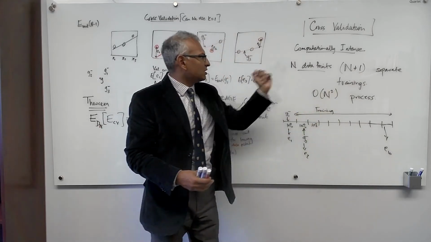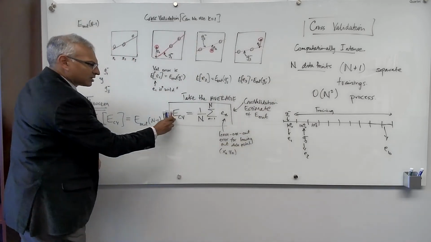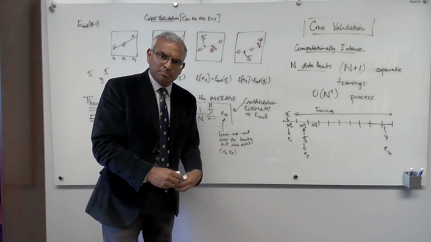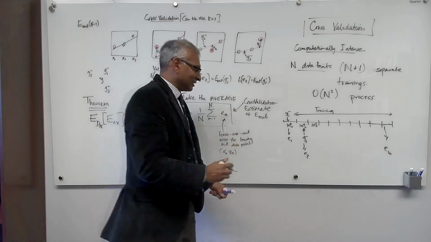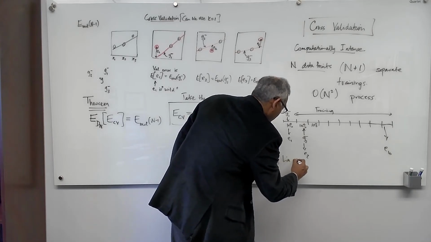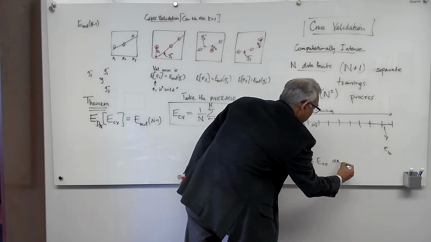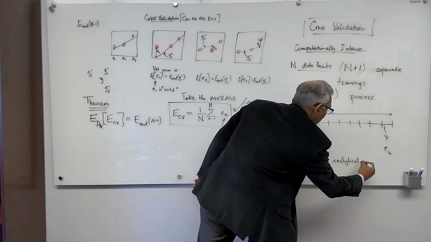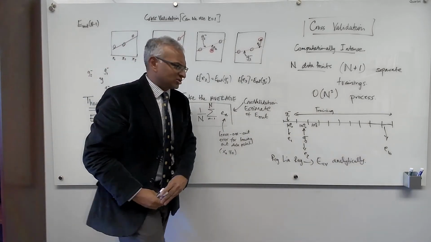There's another situation in which you can run cross-validation, and that's when you can compute the cross-validation error analytically. You can compute the cross-validation analytically for linear models in linear regression, even regularized linear regression. So I encourage you to read the book if you're interested, and you should be interested, otherwise why are you taking this course?